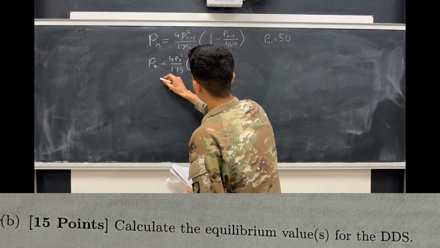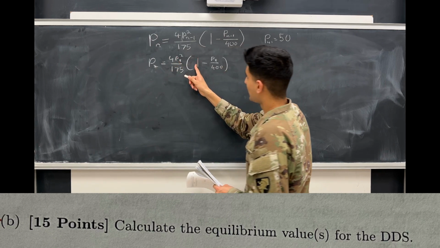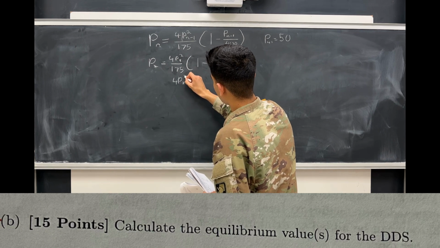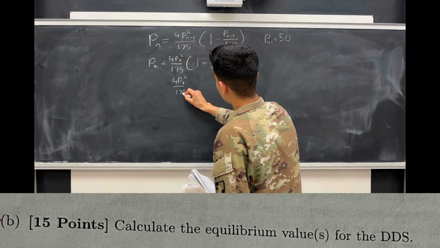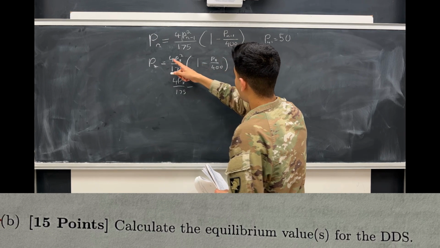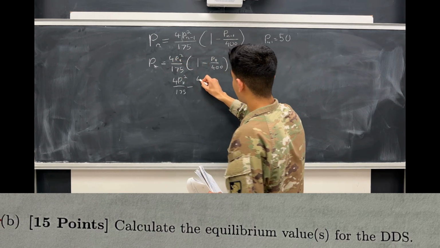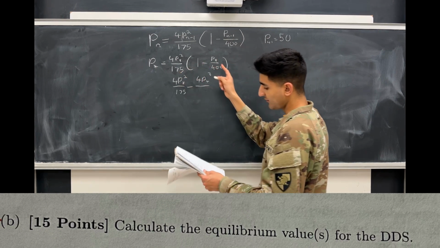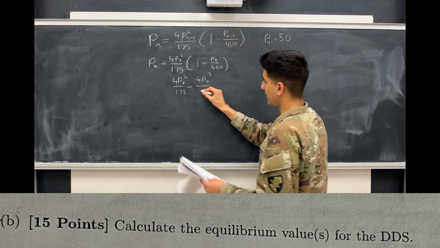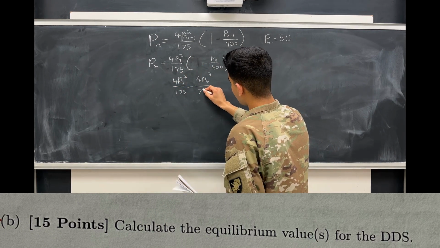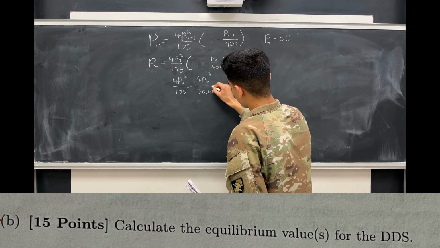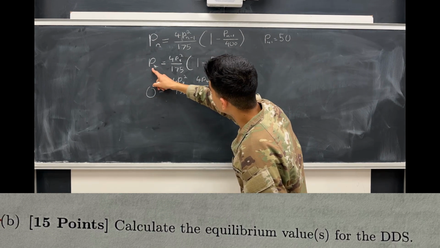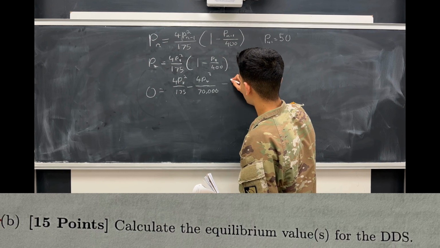So the 4p goes over here with the 1, so it just becomes 4p star squared over 175, and then subtracted with, this becomes cubed, that's where we get our trinomial, 4p star cubed, and then we're going to multiply our two denominators together, 175 and 400. I'm just going to simplify it to 70,000, and there we go. And that's all going to equal p star, but if we set it equal to 0, we can move our p star to this side, so it'd be minus p star.